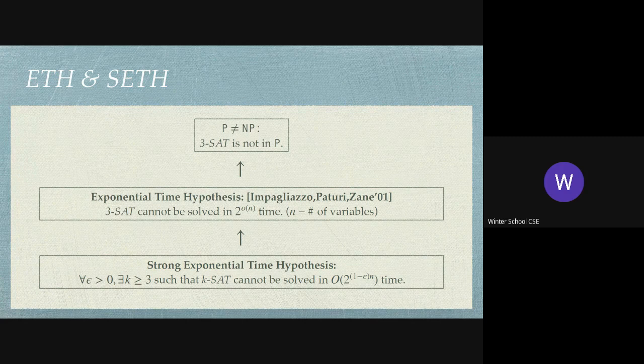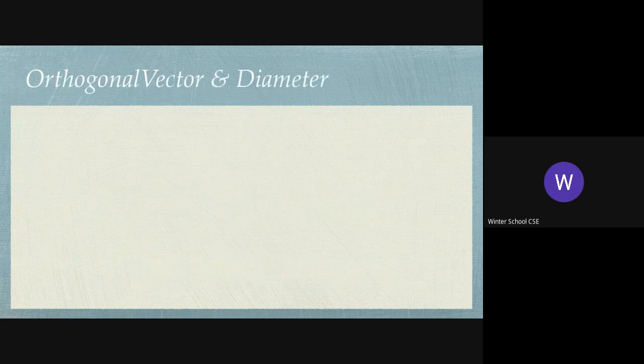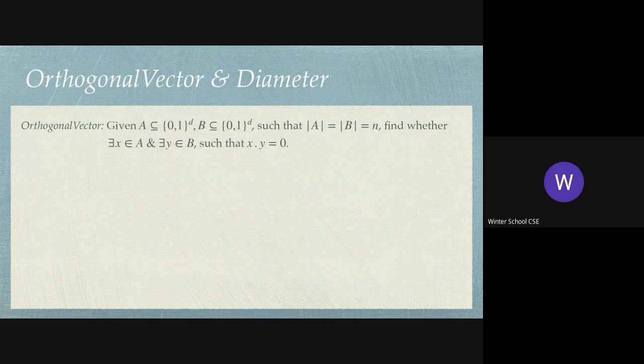So I was saying that assuming SETH is true, now we will prove some lower bounds for two problems called the orthogonal vector problem and the diameter problem. Let me quickly define what these problems are. In the orthogonal vector problem, you get two sets, A and B, both sets of d-dimensional vectors, and both of size n.